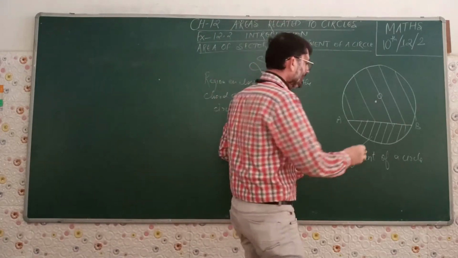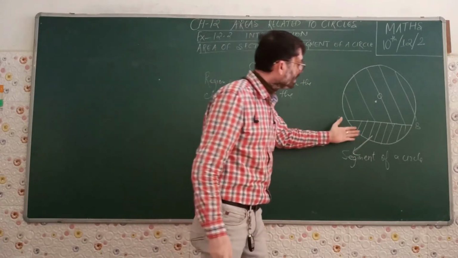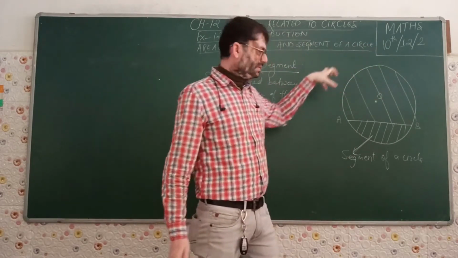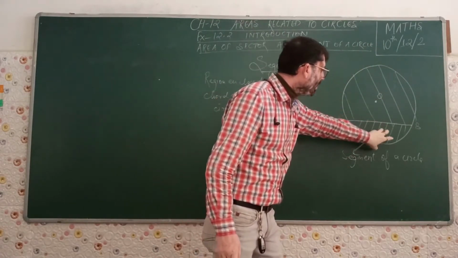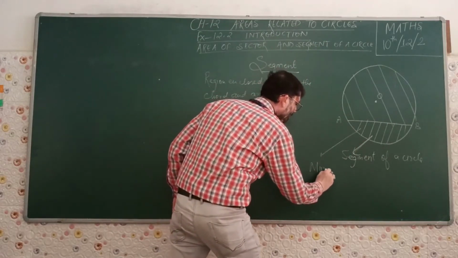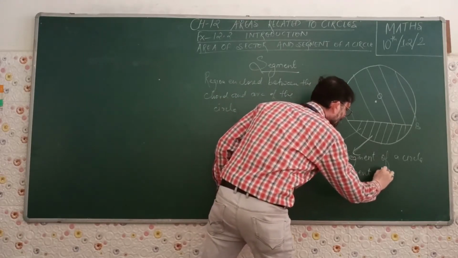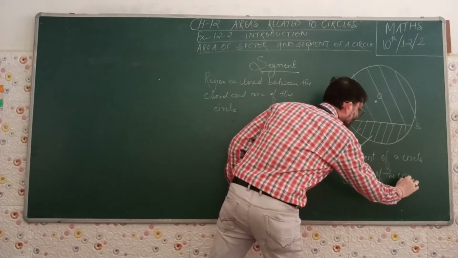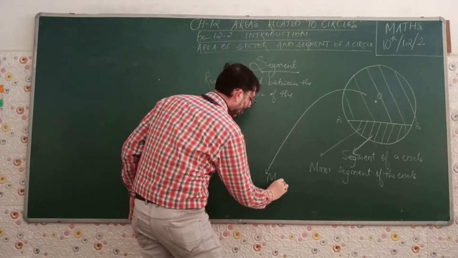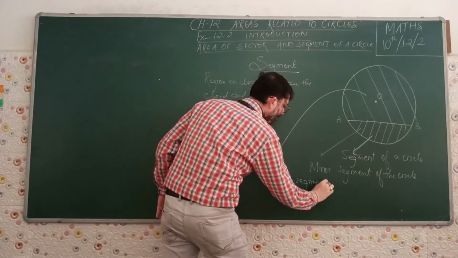But here, just by observation you can understand that this part is the smaller part of the circle and this part is the bigger part. This smaller part is called the minor segment of the circle, and this one is the major segment of the circle.